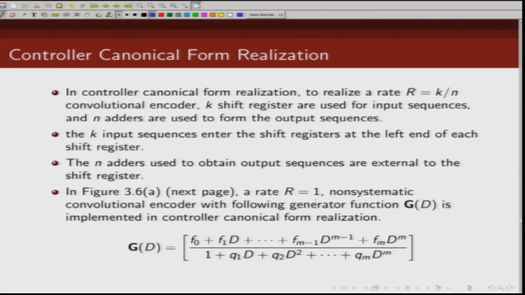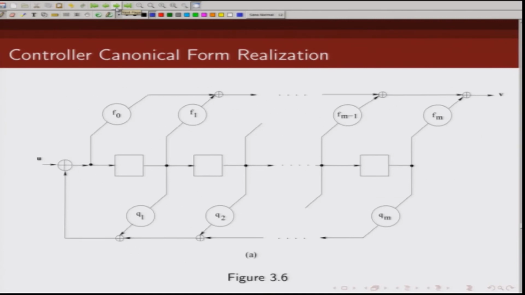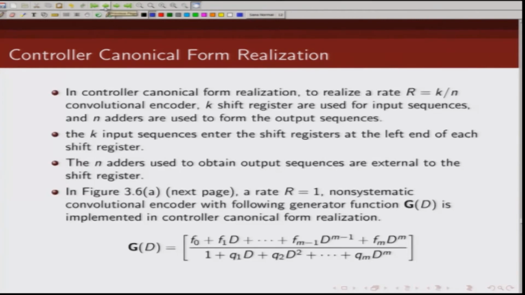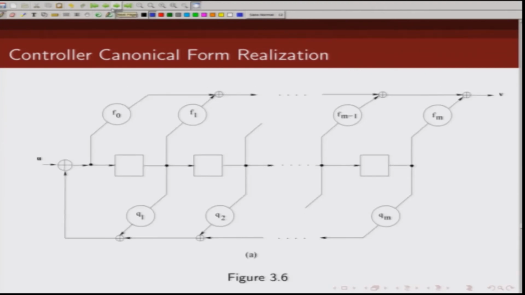This is a rate 1 by 1, so there will be only 1 shift register, corresponding to the 1 input sequence. Next, we use n sets of adders. What is n here? Because it is rate 1, n is also 1. So, we will use one set of adders to obtain this coded sequence V.